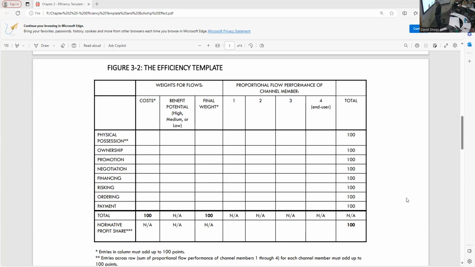Those are all 9 of the channel functions. The costs that you will see are measured by percentages. You will never see a dollar number.